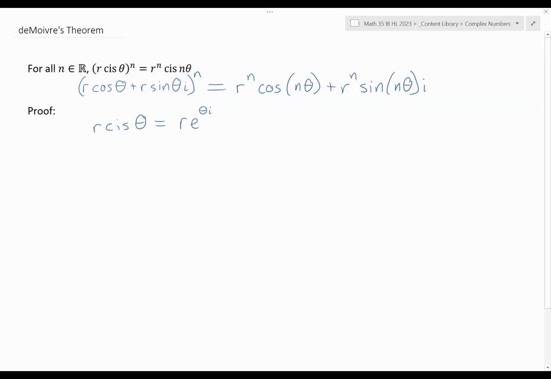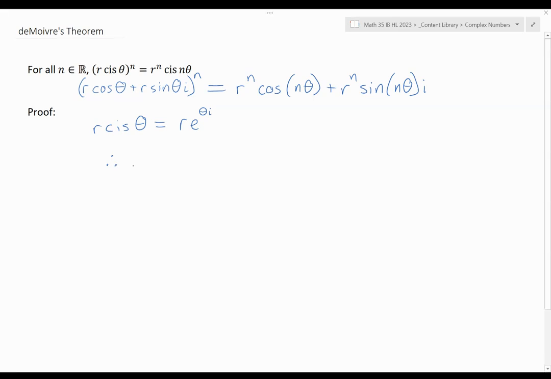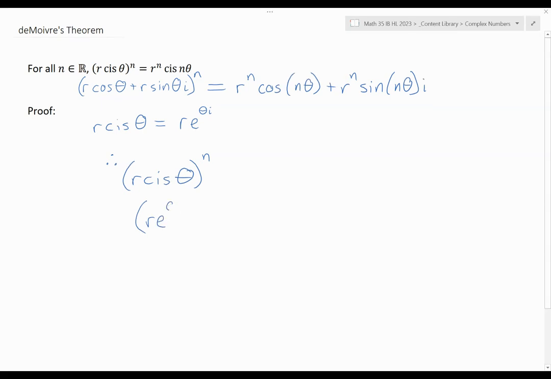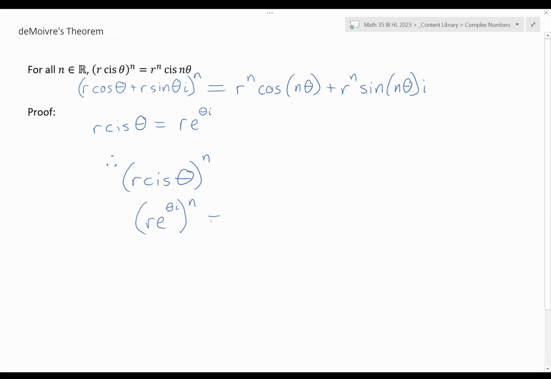So what that means then is that if I have this raised to the power of n, so r cis theta to the power of n, this is going to be the same as r e to the power of theta i raised to the power of n, which now, because I don't have an addition or subtraction inside of those brackets, is a simple application of exponent rules.